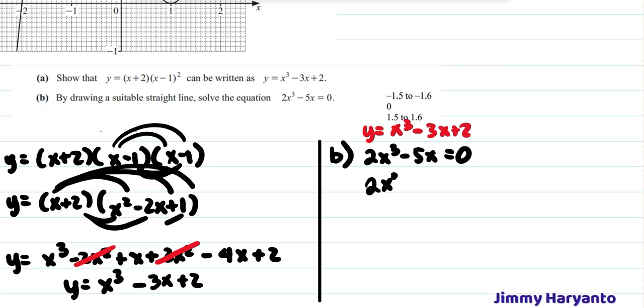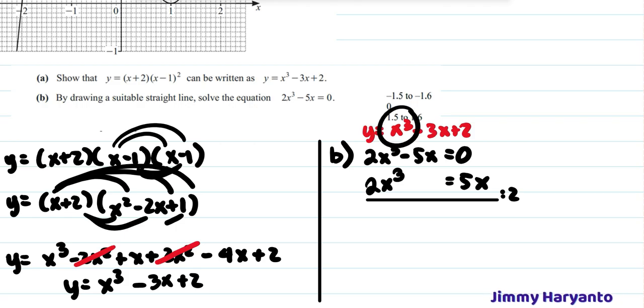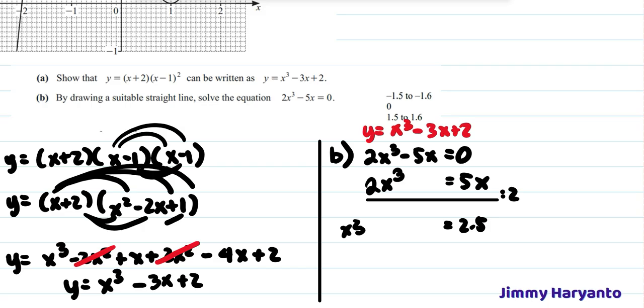So I think you should move the 5x first to the other side, and then you divide them by 2, because as you can see, the x cubed has to be 1, not 2. So you divide everything by 2, like this. And then on the left hand side we still need this one, right? Negative 3x plus 2.